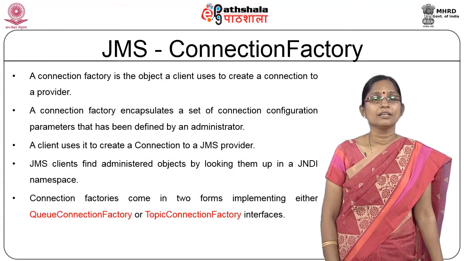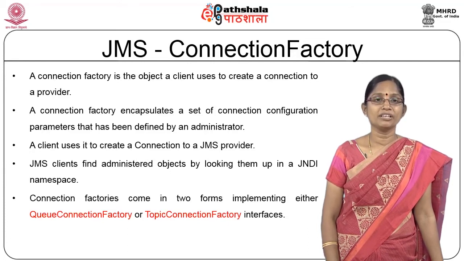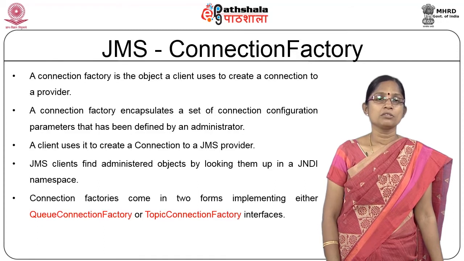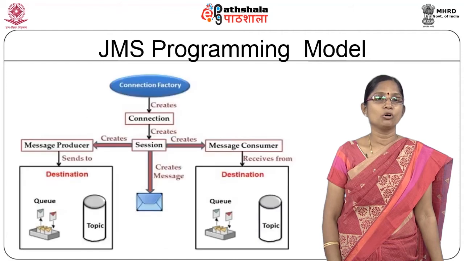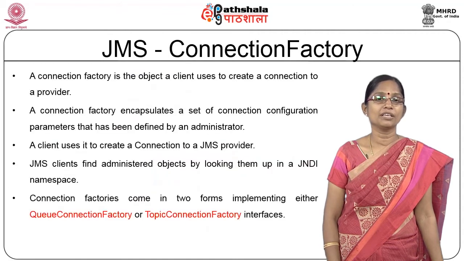So the connection factory also encapsulates a set of connection configuration parameters. So the client uses it to create a connection to JMS providers. You can see that connection factories come in two forms, implementing either the queue connection factory or the topic connection factory interfaces.